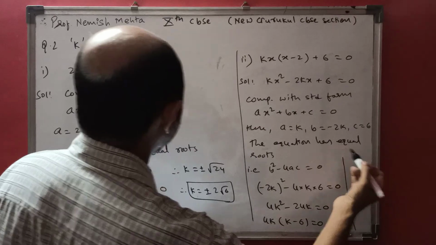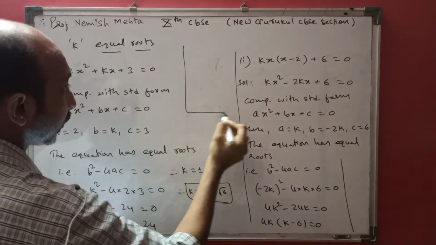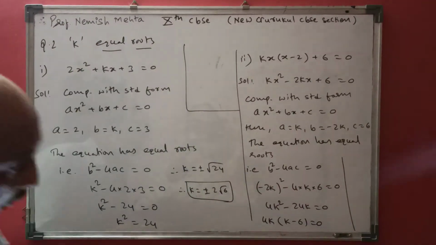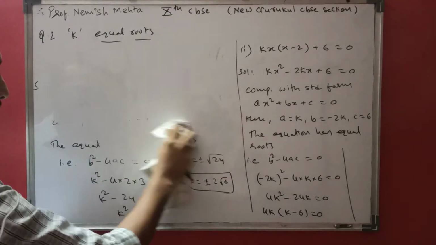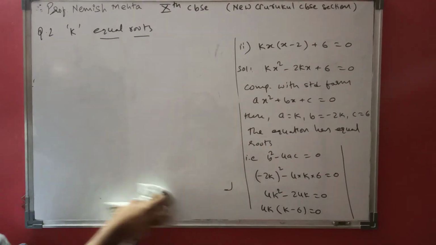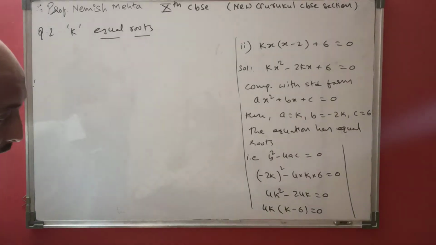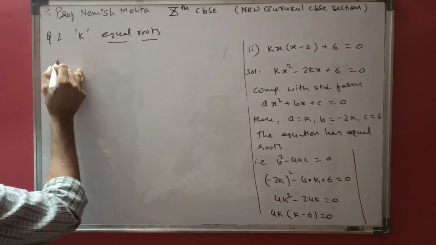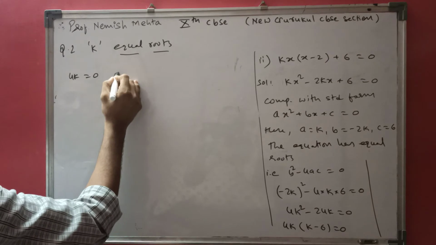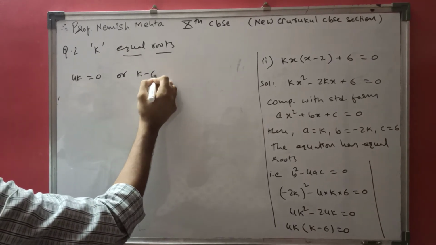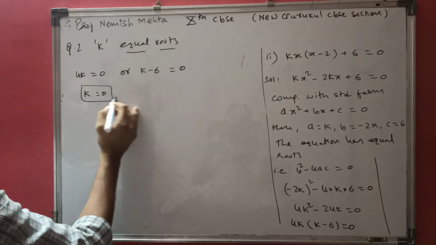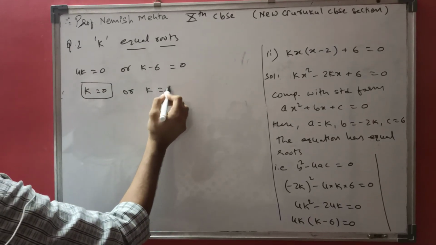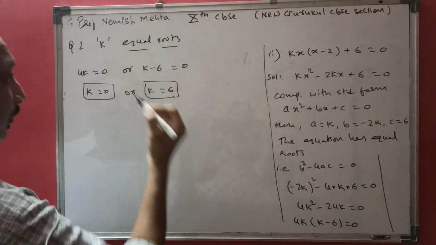So 4k is equal to 0 or k minus 6 is equal to 0. So k equals to 0 or k equals to 6.